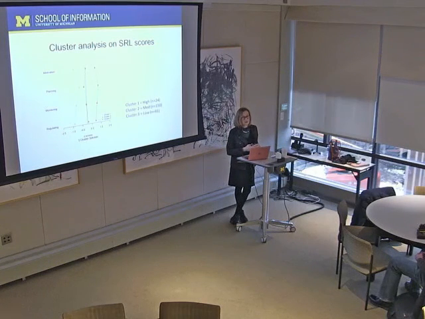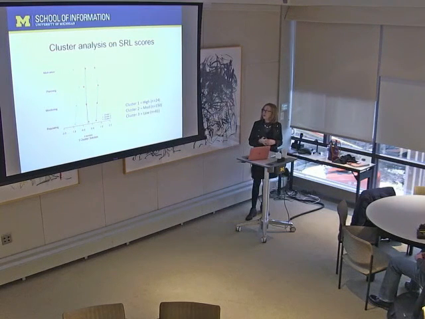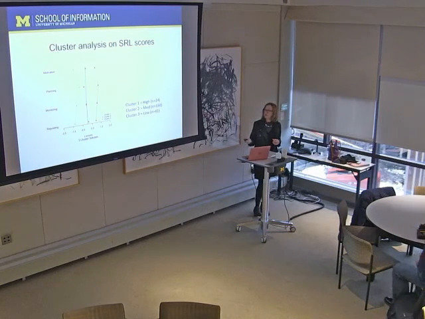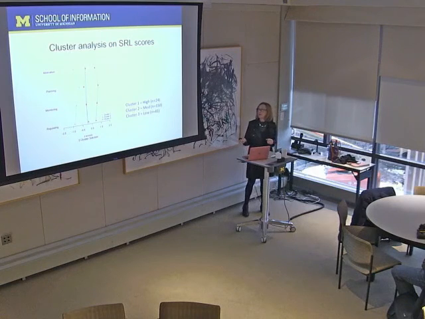We also looked, for those who filled out the survey, at their scores on our questionnaire items that rated their self-reported self-regulation behavior. Based on those scores, we created 3 clusters of users: the high self-regulators, the medium self-regulators, and the low. But you'll note here that the medium self-regulators is the largest group.